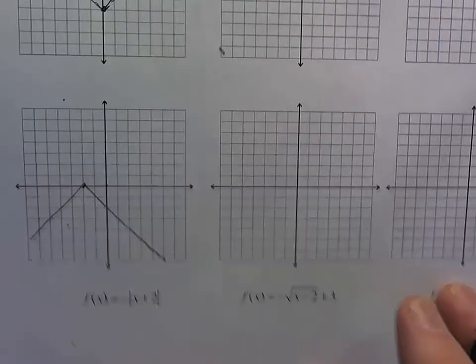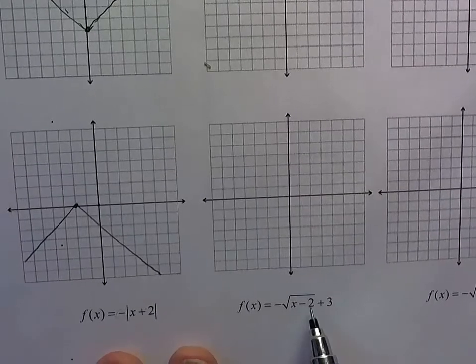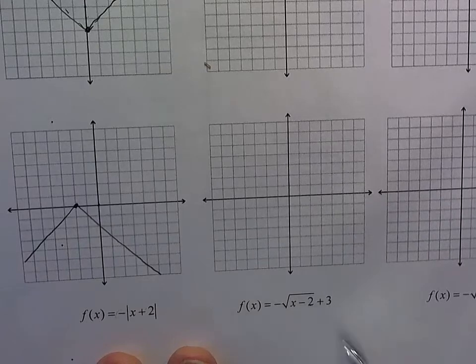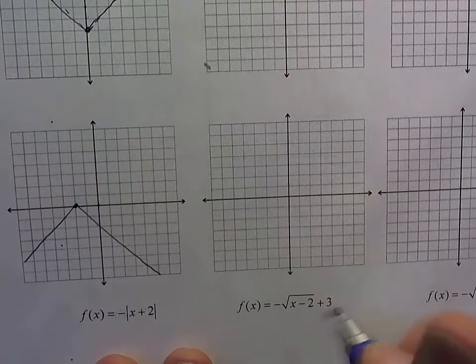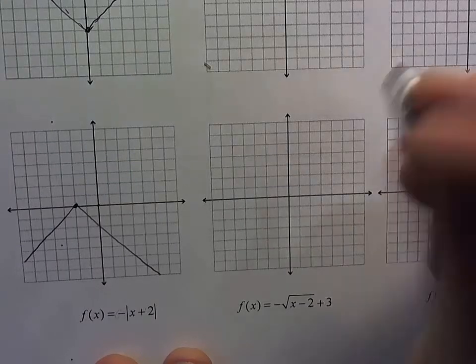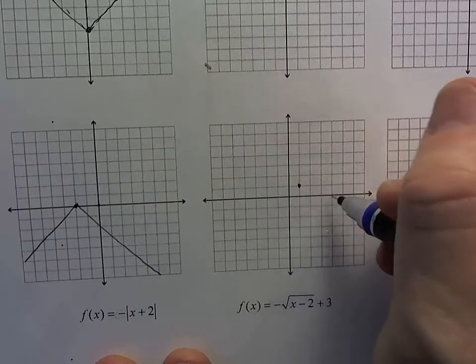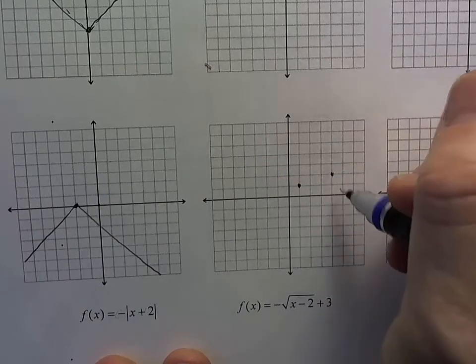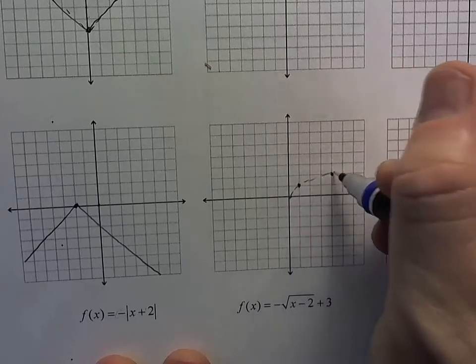Okay, now this one, once again, we've got a shift to the right 2 and up 3. But this time, what we're working with is the absolute value, the square root function. So let me just put a rough graph of the parent function.